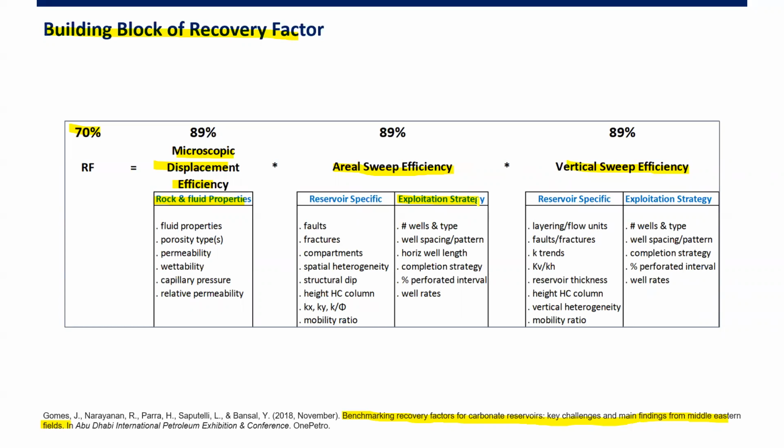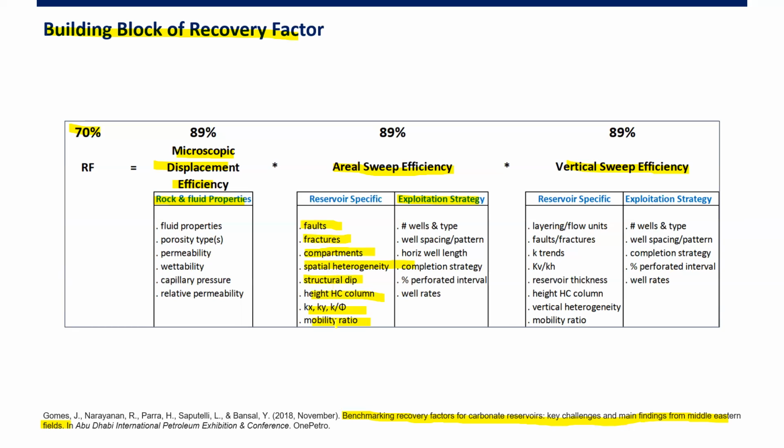If we break down the reservoir specific elements, we can see that aerial sweep efficiency is controlled by the faults that we have, the fractures, compartmentalization, spatial heterogeneity, structural depth, the height of the hydrocarbon column, permeability in X direction and Y direction, the permeability divided by porosity ratio, and the mobility ratio. All of this will control the areal sweep efficiency.